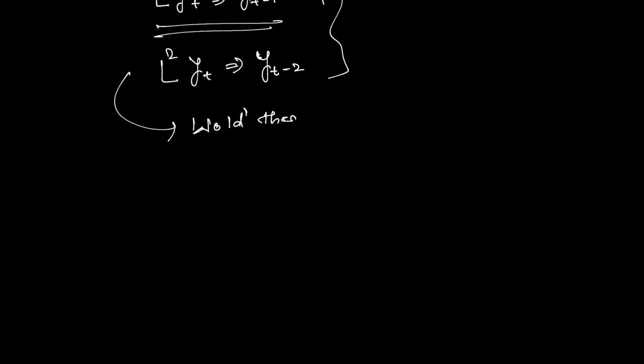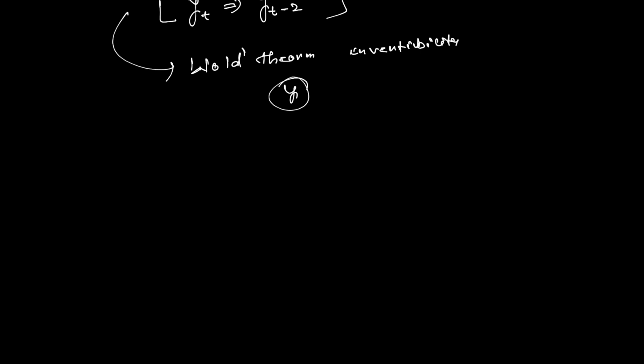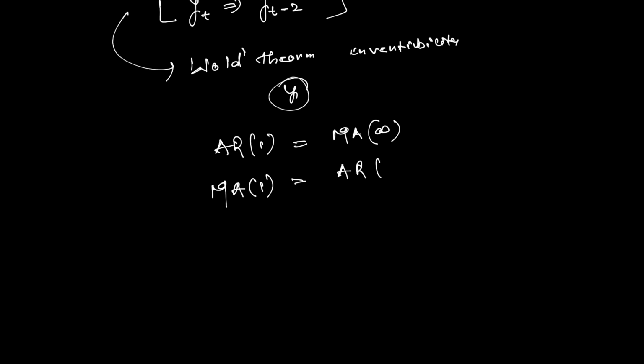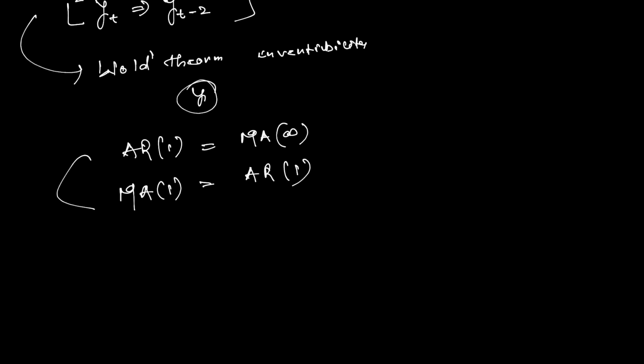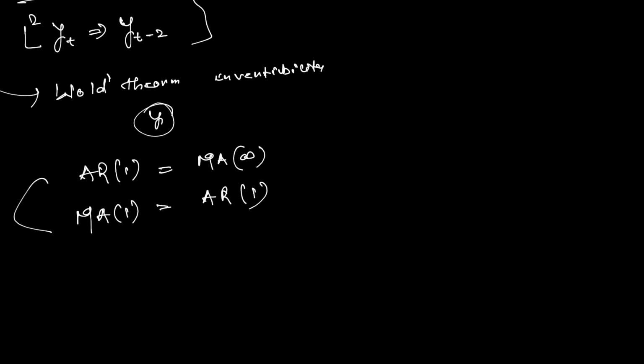And we also discussed something called invertibility. If Y is covariance stationary, then they say that AR1 model is nothing but MA infinite model. And MA1 model is nothing but AR infinite model. That is quite interesting, but we can prove this with the help of lag operator.